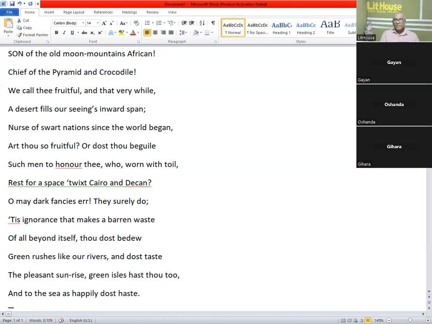The Nile is personified as thou. Right? First person point of view is used because the poet is within the poem.